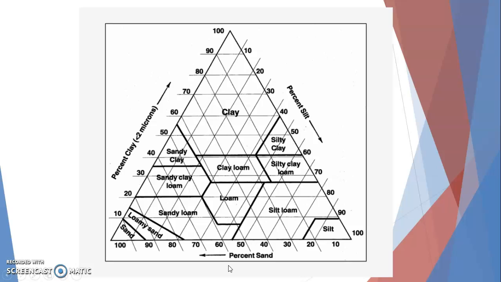Now remember, when you do this, the percentages of these particles always have to add up to 100. So if you've got 30 clay, 30 silt, then 30 plus 30 is 60, and you'd have to have a percentage of sand to add up to 100, because your composition has to be 100%, so you'd have to have 40% sand.